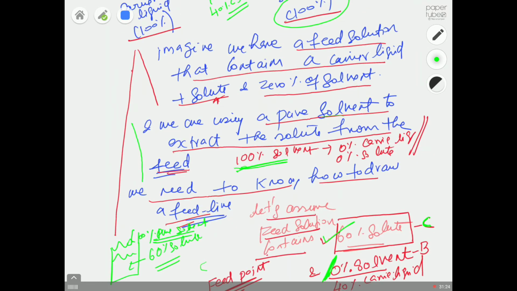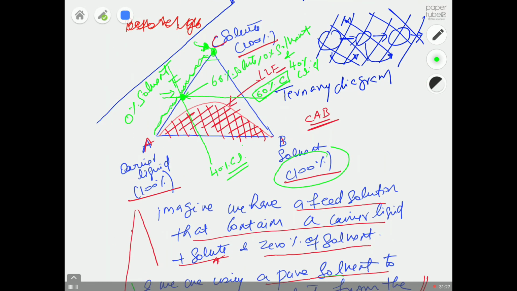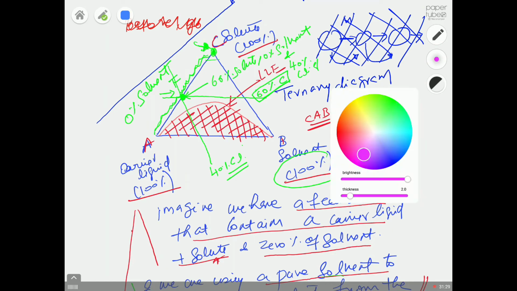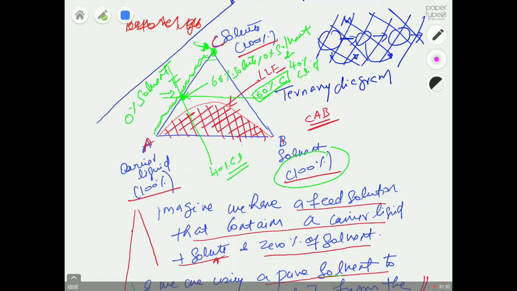Let's go back to this diagram. Again, maybe we put a pink. I don't know, green is not clear, I think. So this point is nothing but 100% solvent. If I ask you to draw something called a feed line, all you need to do is first locate the feed point on the ternary diagram, and then locate your 100% solvent point.